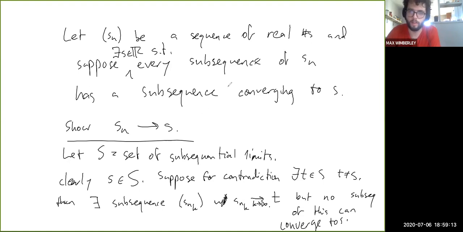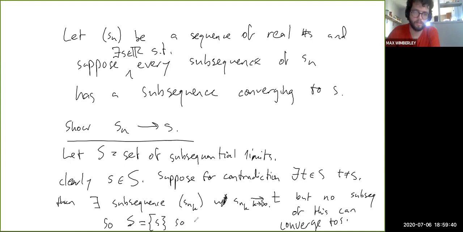That violates our assumption that every subsequence of s_n has another subsequence of itself that converges to s. If you take a subsequence that converges to a different number, there's no subsequence of that converging to s, because all of the subsequences of this subsequence have to converge to T. So that means that s is the only element. So capital S equals just little s.